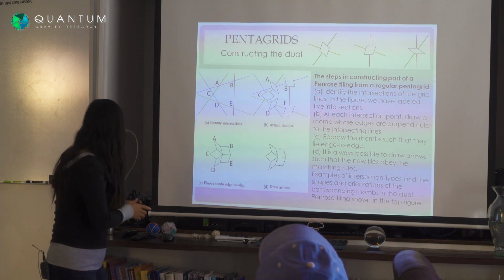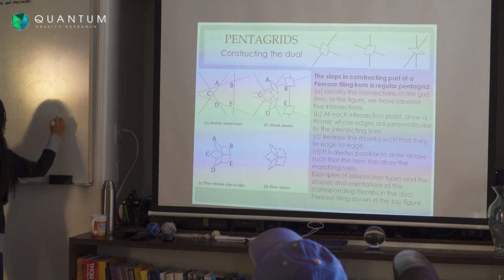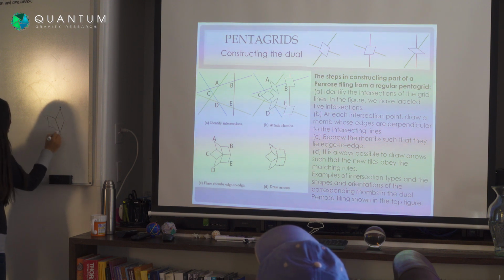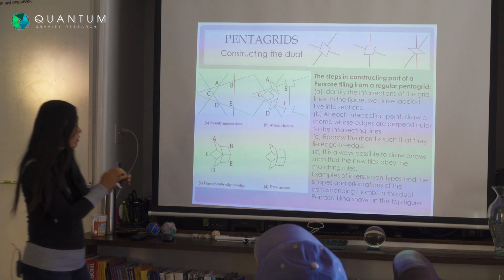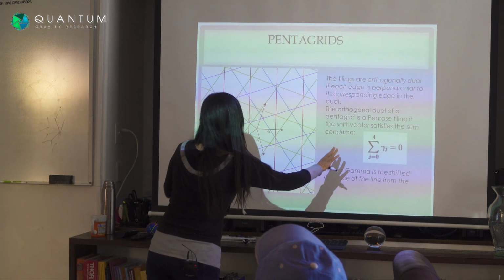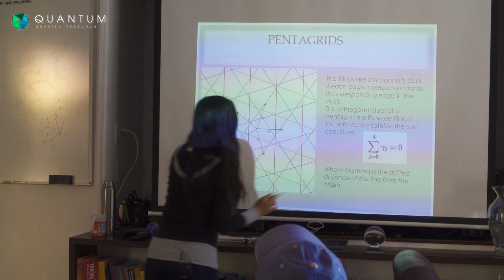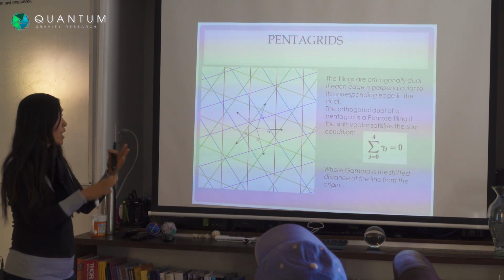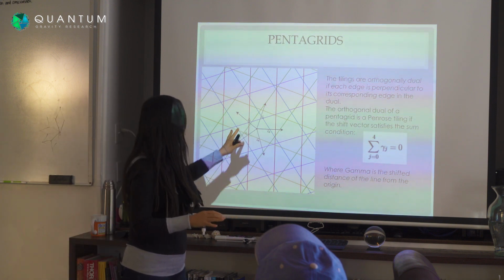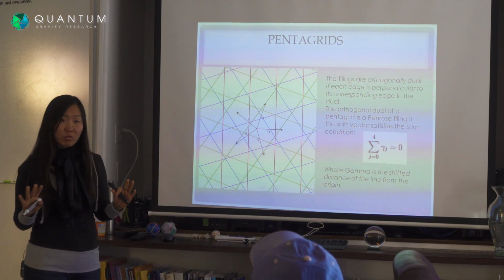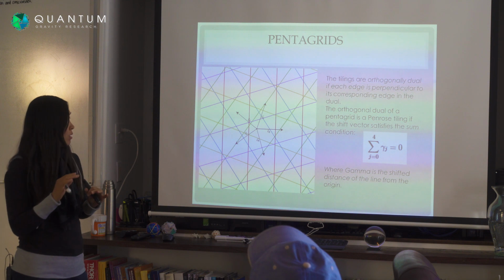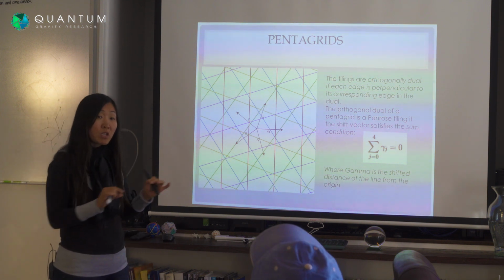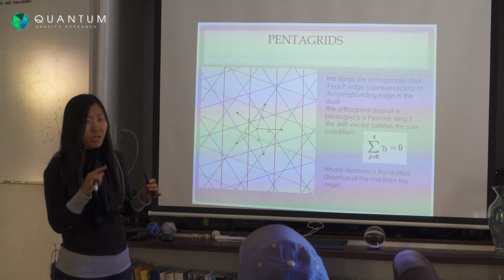You can have some shapes like this, like 10 of them, which is illegal for Penrose tiling, because using the Penrose matching rule, you won't get anything like this. But here, as long as this gamma sums up to be 0, the quasicrystal you get using this dual grid method would be the Penrose tiling. It's not the generalized Penrose tiling, but a Penrose tiling that obeys the Penrose matching rules, which means all the vertex types would be legal.